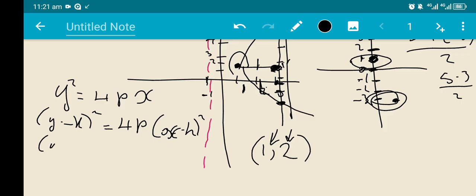So this here will be (y minus our k, which is 2 in this case) squared, should be equal to 4p, and our x in this case is 1, so x minus 1. Then let us simplify this.